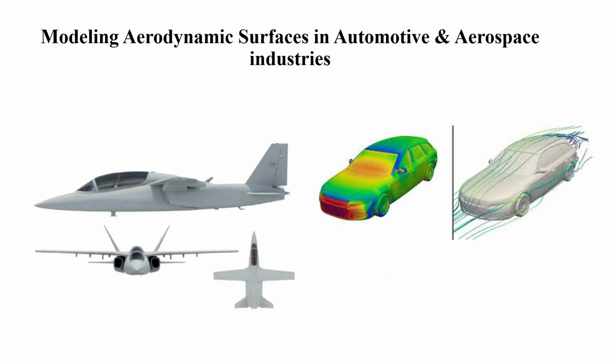Then, if you go for modeling of aerodynamic surfaces in automobile and aerospace industries, at that time surface modeling plays a very important role, right? Here, see aerodynamic shapes. What are these shapes? These are smooth, streamlined forms which are mainly created to reduce air resistance and allow objects to move more efficiently through air, right?